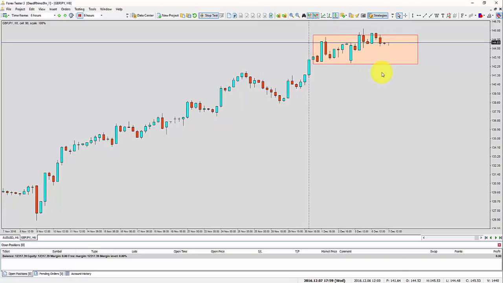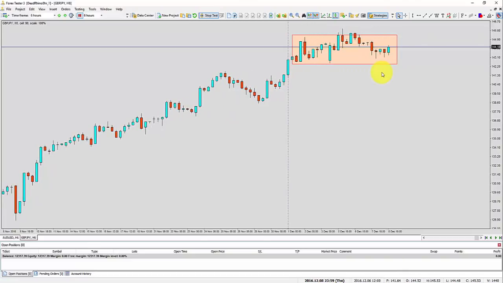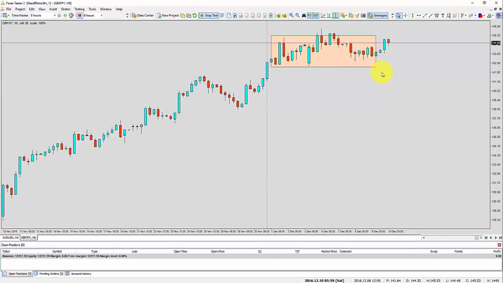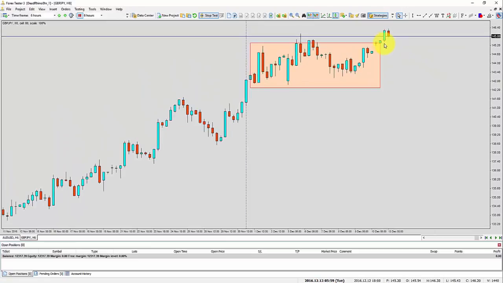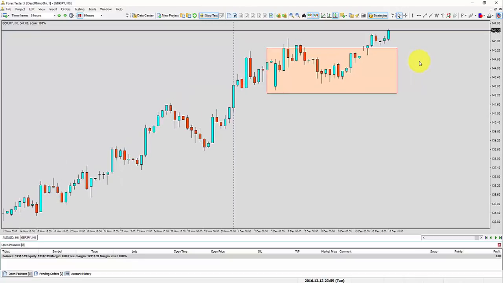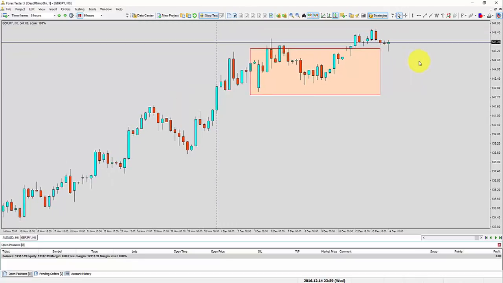Looks all right. Okay, we've broken out of the box. Even though this has been a pretty long consolidation, it's potentially a with the trend type of thing. Okay, we're back onto the box.